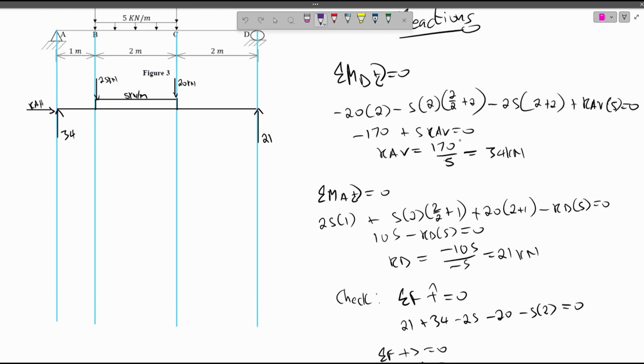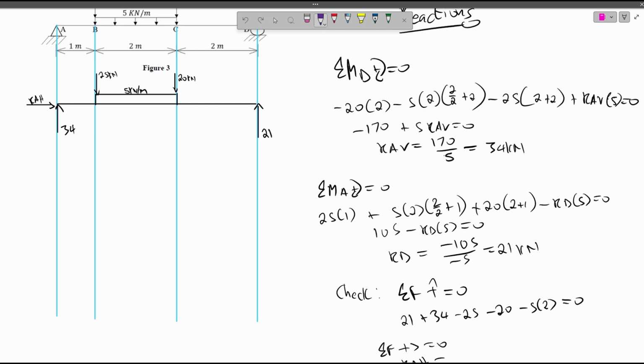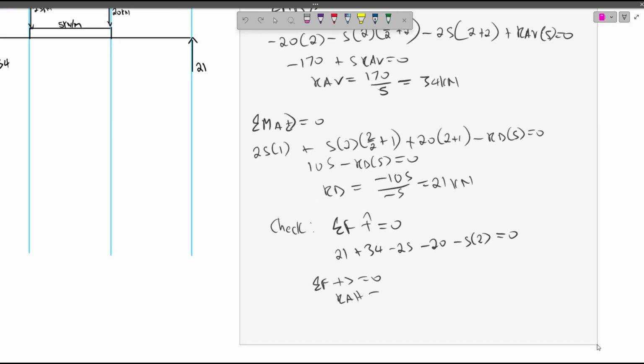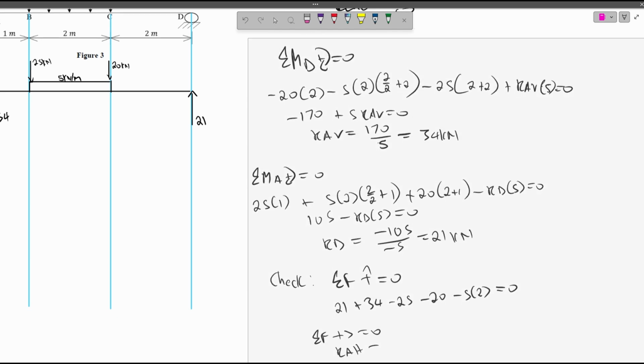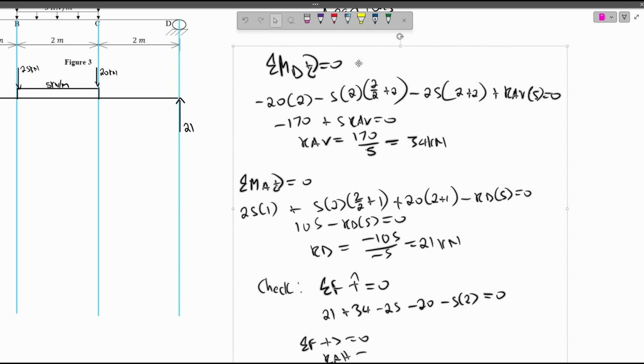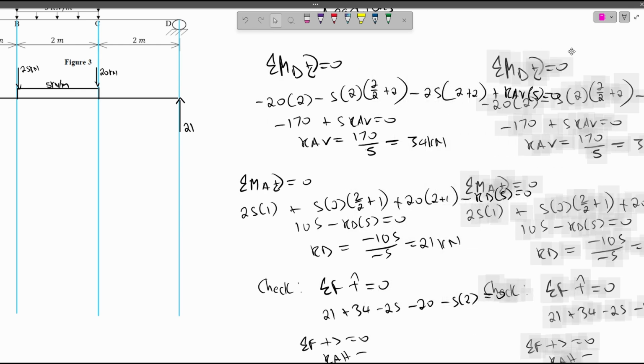Now let's do our shear force and bending moment. Let's put it that side.